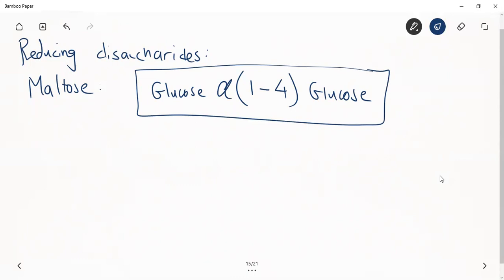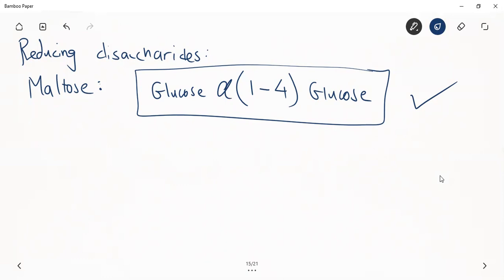In the second glucose, carbon 1 is free because the bond is with carbon 4. So in this disaccharide, out of 2 glucose units, 1 carbon 1 is free. That is why maltose is a reducing agent. It can do reduction, and it is less powerful than glucose because in glucose we have 1 unit and 1 reducing group, while here we have 2 units of glucose but 1 free active group.